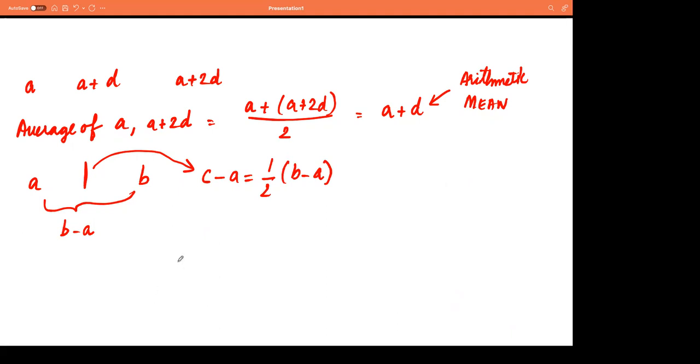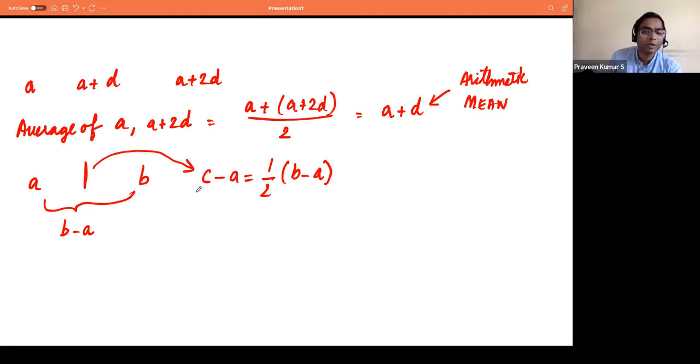If you simplify this and bring this A to the other side, you will get C is equal to half of A plus B, which is what we started with, right?